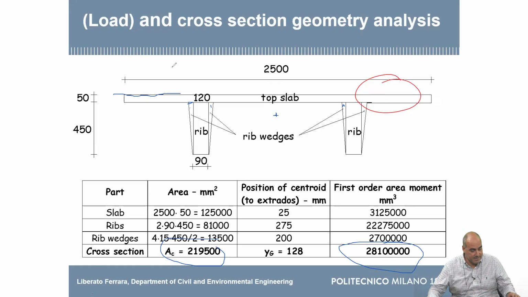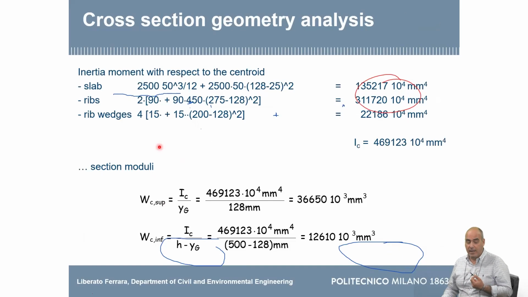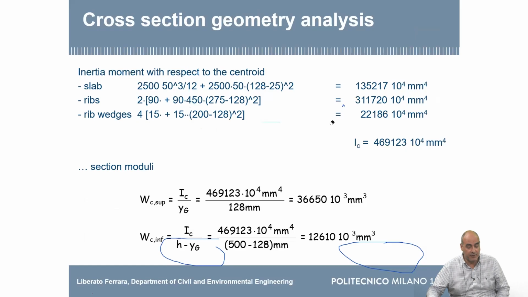And why do we need the position of the centroid of the cross section? Because when we have to calculate the moment of inertia, we must refer to the centroid of the cross section. So once more, to calculate the moment of inertia, oh, there is something missing here.